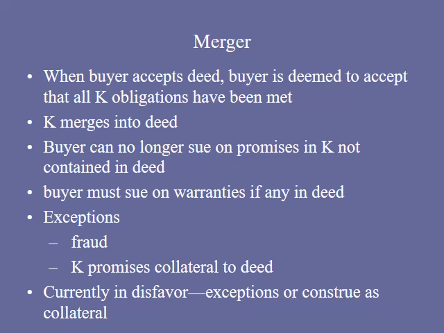There's also a doctrine that if a contract promises collateral to the deed, then we have something separate and apart from the obligations that are merged into the deed that could be sued upon. This merger doctrine is really coming under fire. Courts keep on coming up with exceptions or construing certain promises as collateral to the promises that are merged into the deed.